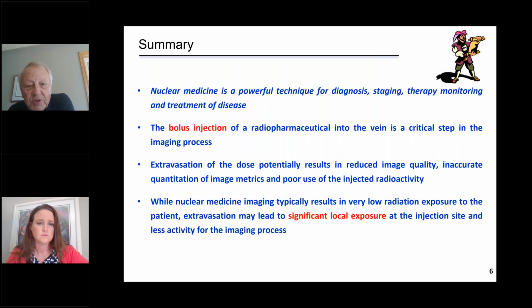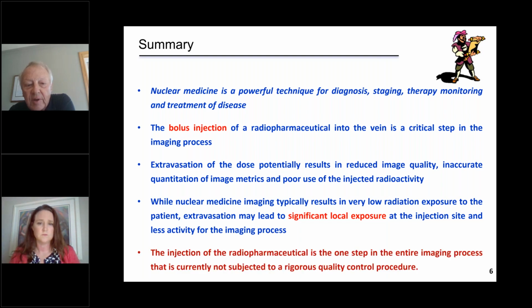And while such procedures result in very low radiation exposure to the patient overall, extravasation may lead to significant local exposure at the injection site, and of course less activity then for the imaging process. So the injection of radiopharmaceutical is one step in the entire image process that is currently not subjected to a rigorous quality control procedure. Thank you.